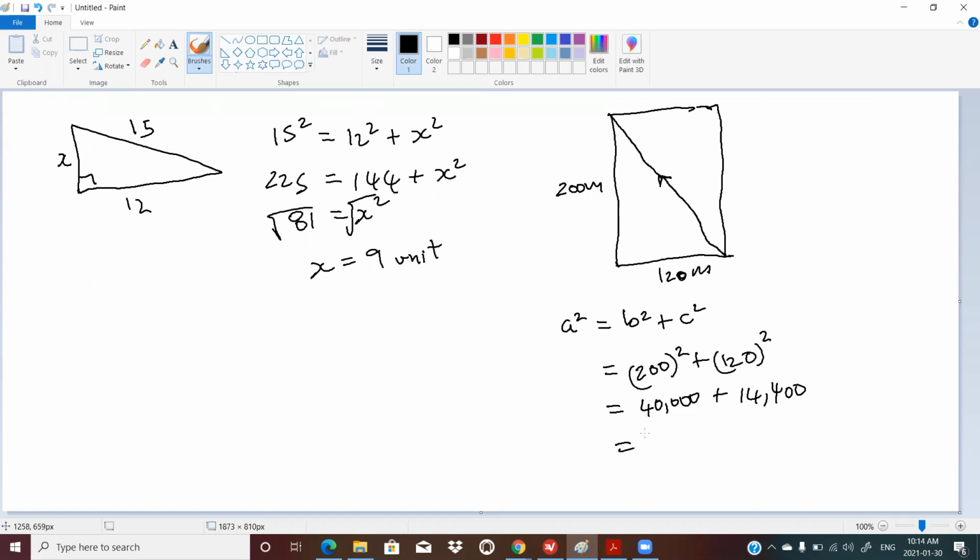So let me actually write it down. And then I take the square root now. So all this is a squared. Time to take the square root now. We take the square root, we get 233.24, and this is to 2 dp, right?